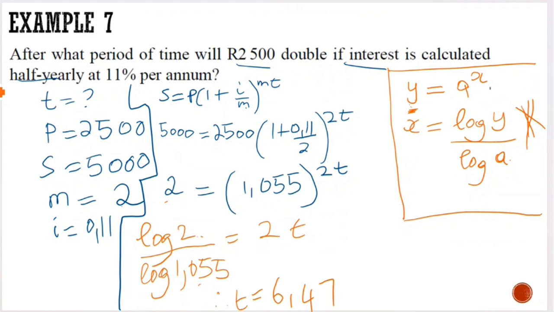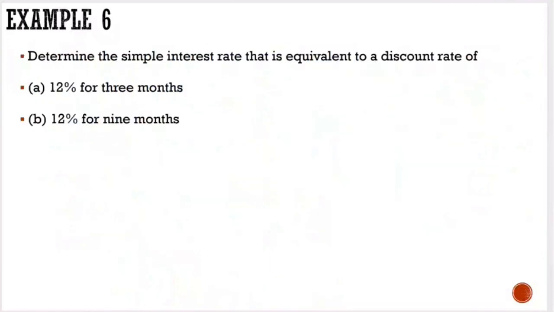I'm going to wait for you guys and see if you got the answer. I'm not going to do this example now because we've already gone through the equivalent simple interest, and the simple interest with a discount rate.